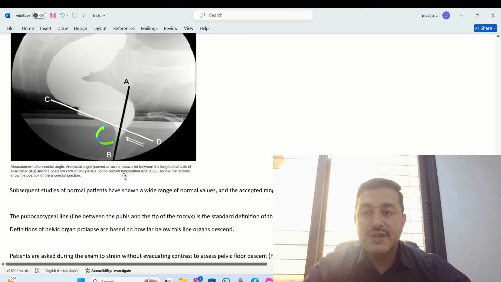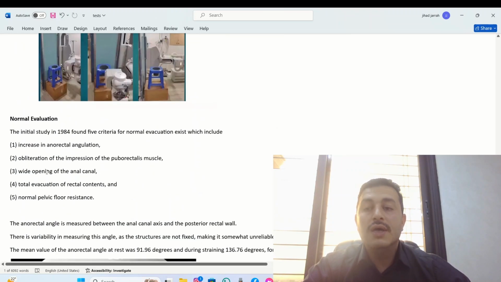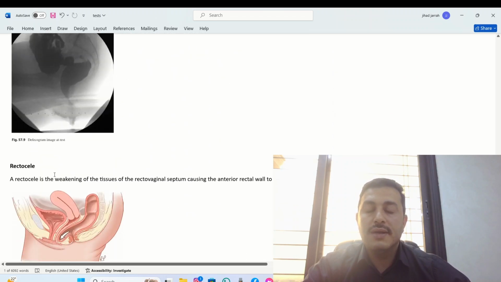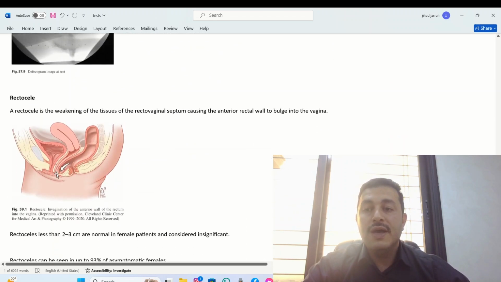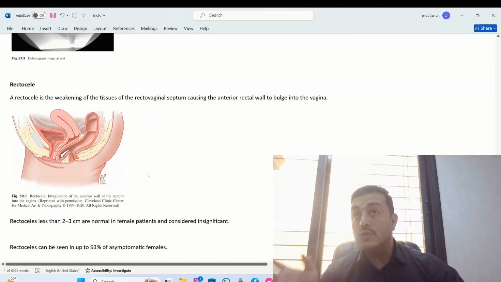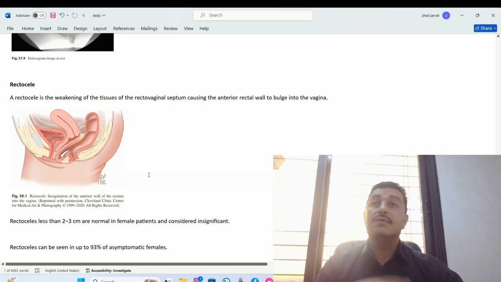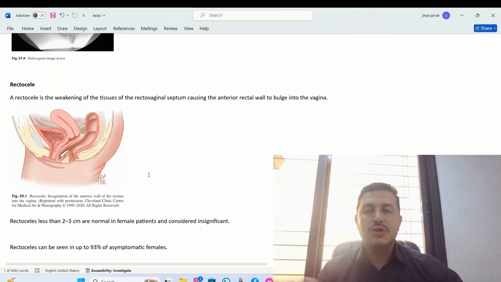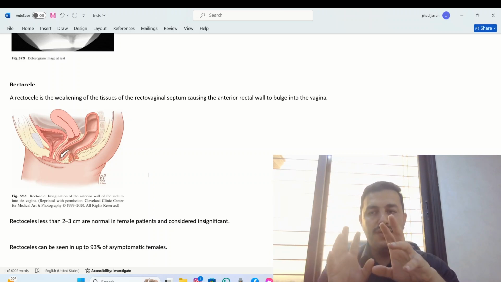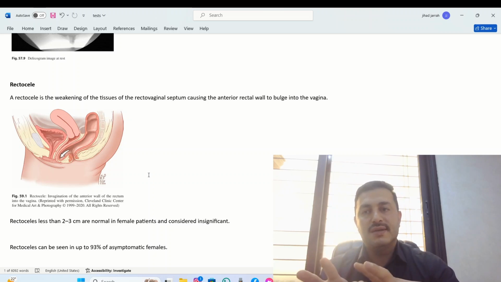These are the parameters to look for in normal evacuation in defecography. Let's take a look at how rectocele, enterocele, sigmoidocele and intussusception look in defecography. Pay attention that these are just a radiological review of these entities. We will have a separate lecture for these diseases.